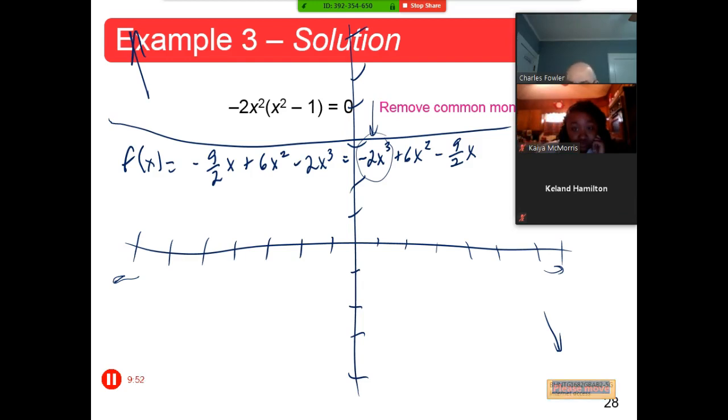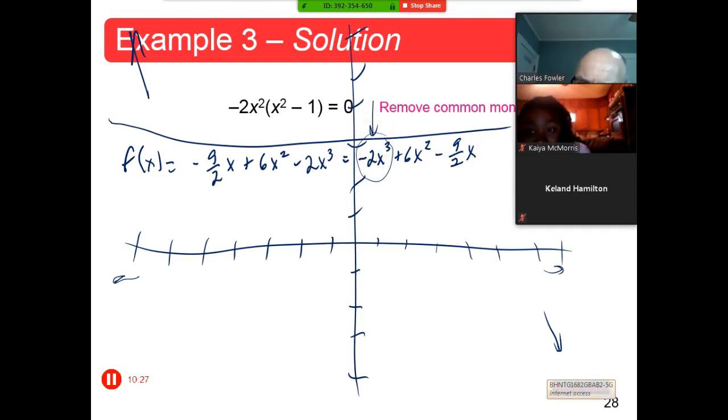Now, let's go back to our earlier question. What's the ugliest thing about this function? I think someone mentioned the fractional form, didn't you? Yes, sir. So what we'd love to do, and I also don't like that minus sign in front, but we needed it there to know what our end behavior is. Now that we've determined that, let's factor out both the fraction and the minus sign and any other common factors.